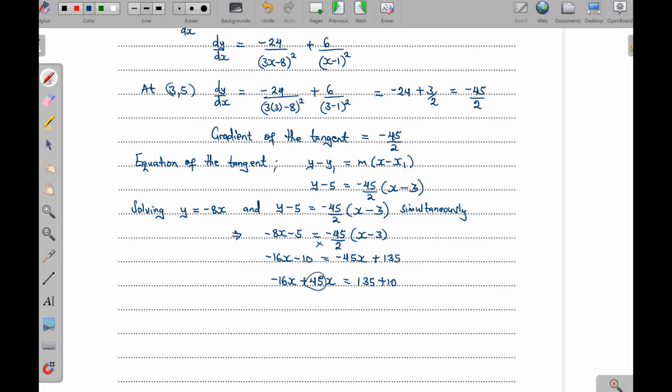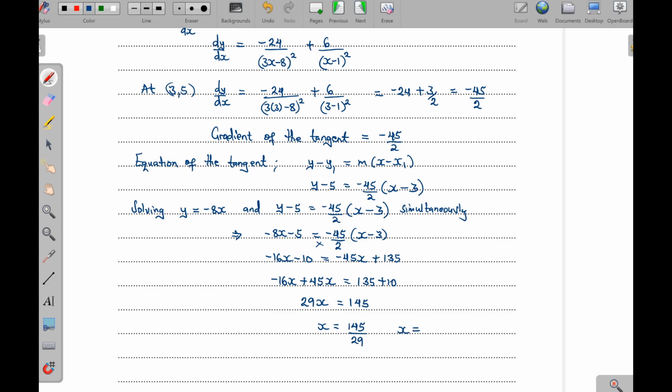Then 45 minus 16, that one gives us a 29. So we have 29 of x, which is equal to 145. What will be our x? 145 out of 29.